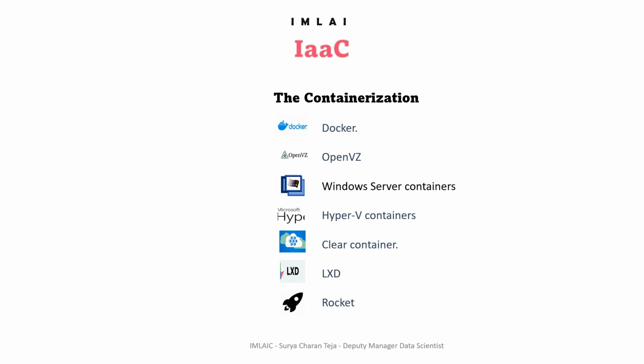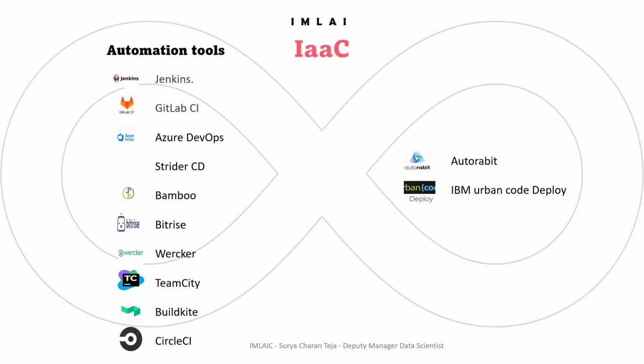Then we will move on to the automation tools. So whatever activities or tasks we want to automate, if you want to make all these tasks automated, you need certain intermediary tools that can communicate with all the servers and all the tools and make this activity possible. Those tools are called automation tools.